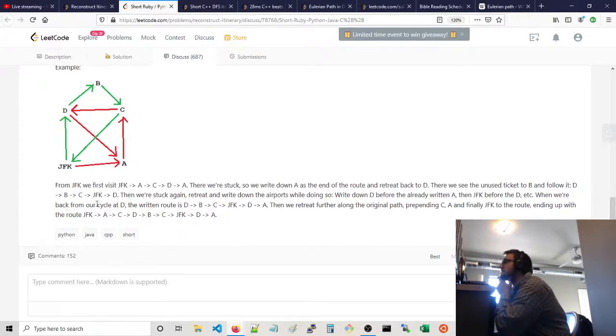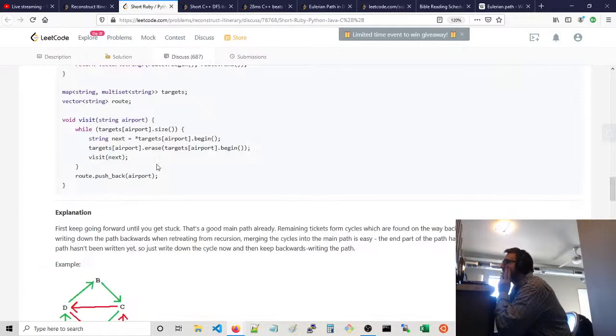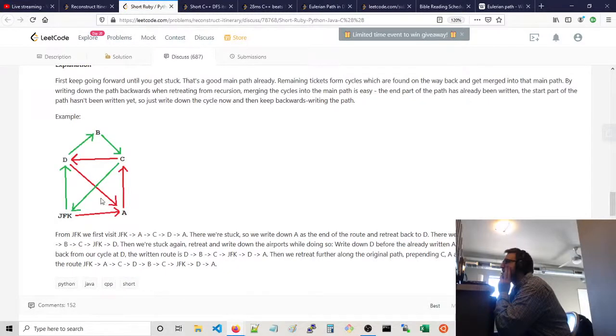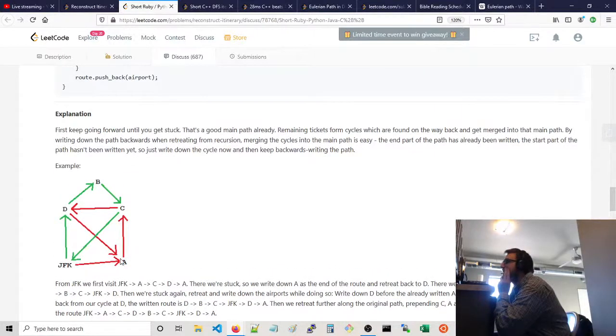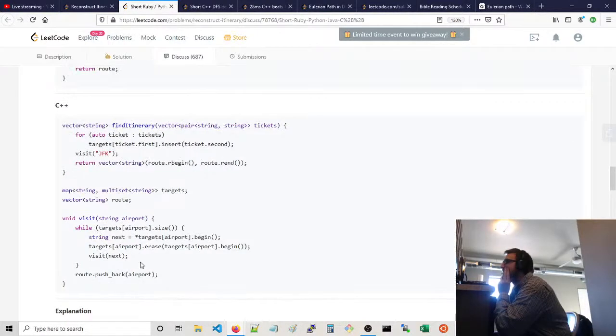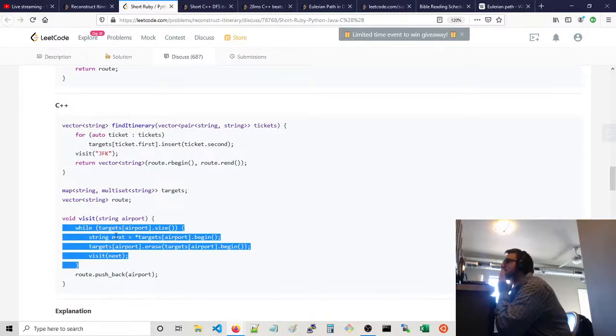So this is sort of JFK, A, C, D, B. I see, right. That's the iterative nature of this: before you write A, you would actually write B, C, JFK, D, and then write A. This cycle would happen before A, even though A comes before B in this loop.